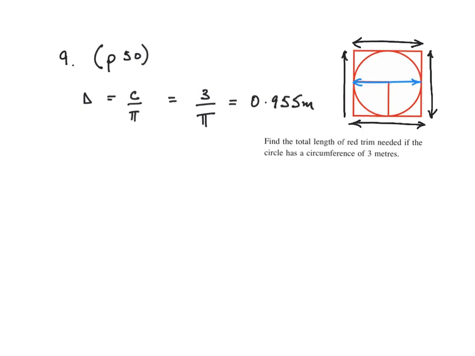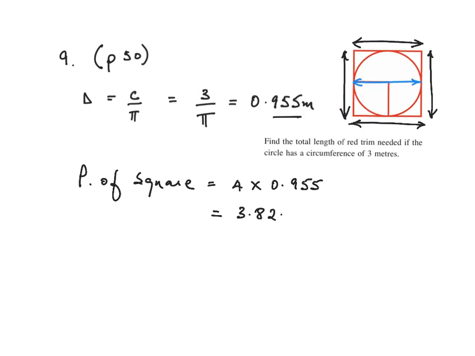So the perimeter of the square is 4 times this number, 0.955, which gives us 3.82 meters.